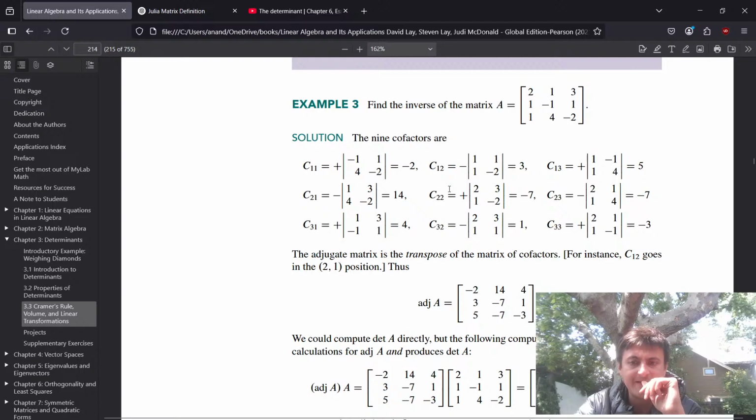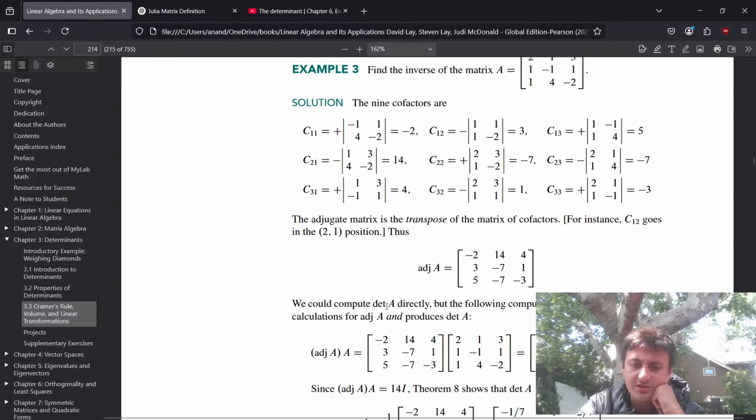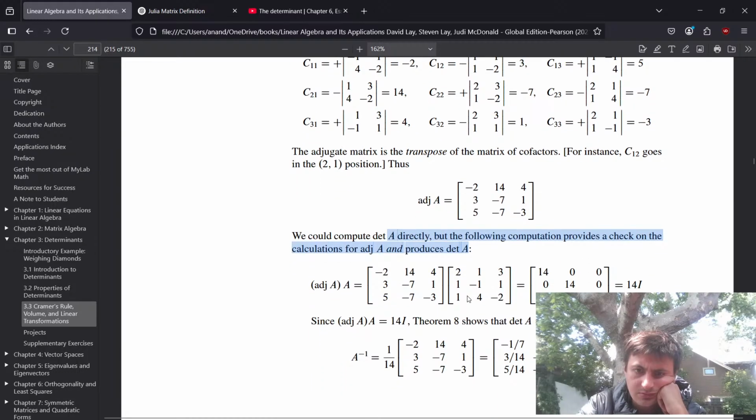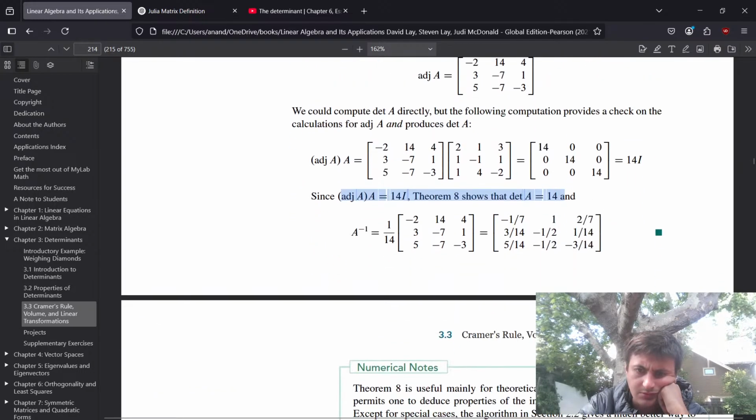Okay. We could compute determinant of A directly, but the following computation provides a check. Oh my god.